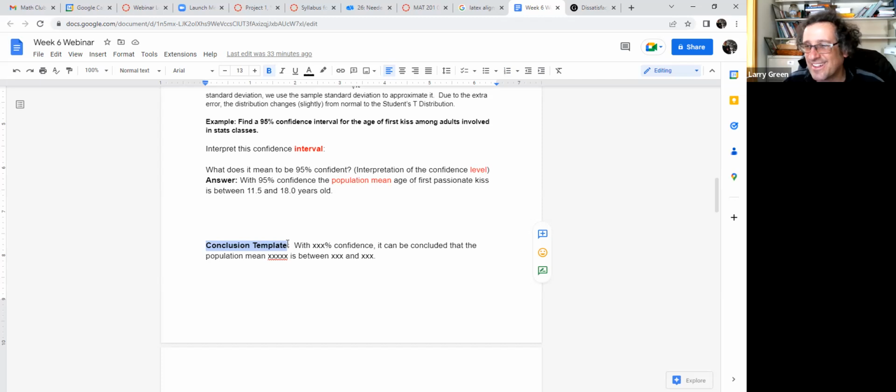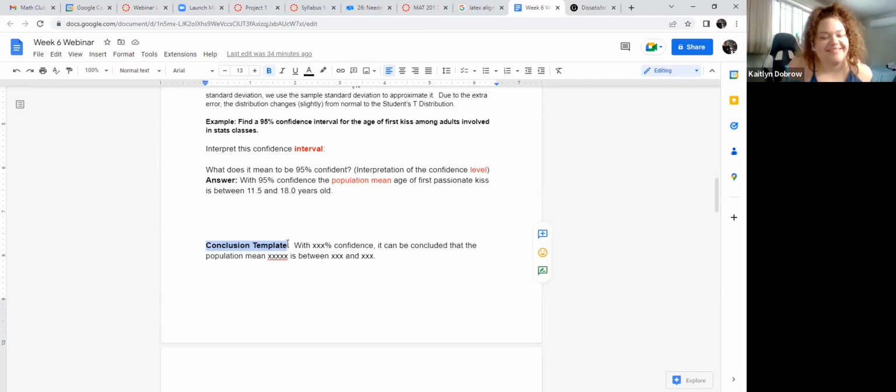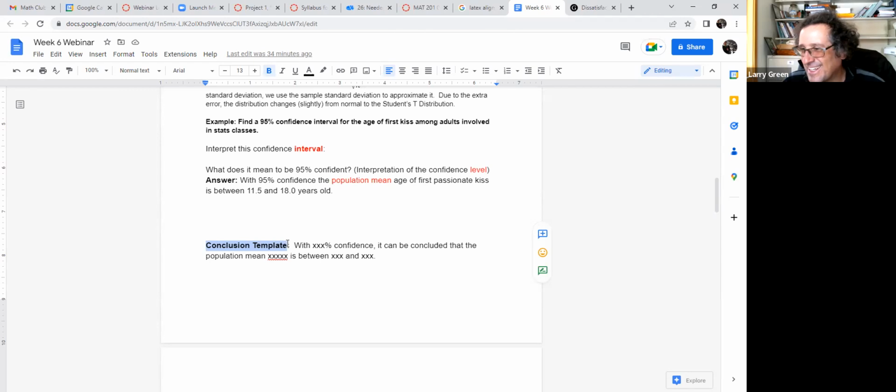What do you notice? First word is with. The first word is with. So it gets you started. And getting started is important. Don't you agree? If you get started, it's a lot easier to get finished. If you don't know how to get started, good luck. So the word with will get you started for interpreting the confidence interval.